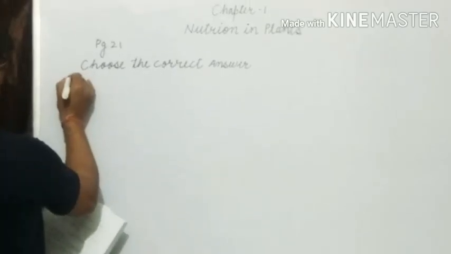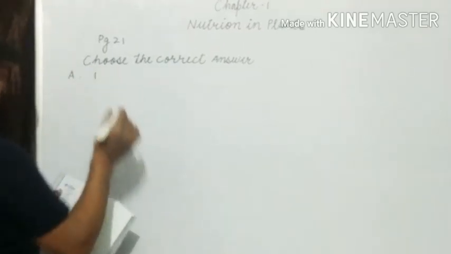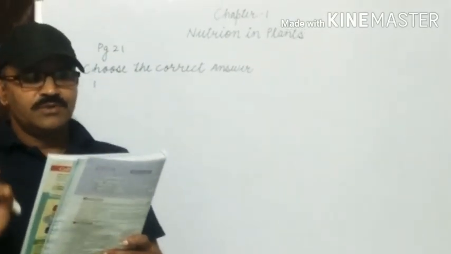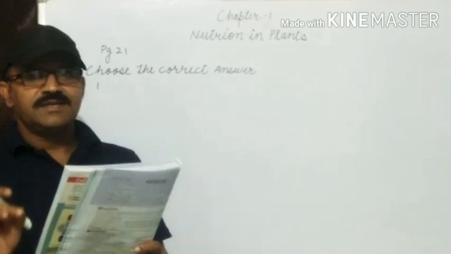A part. Number 1, I am writing the answer to the MCQs. Which of these is formed along with glucose during photosynthesis? Answer is oxygen.